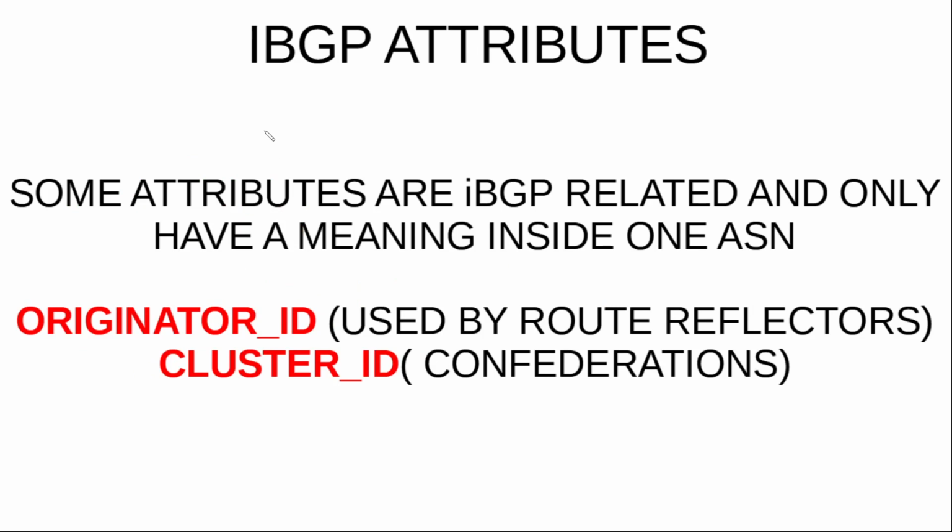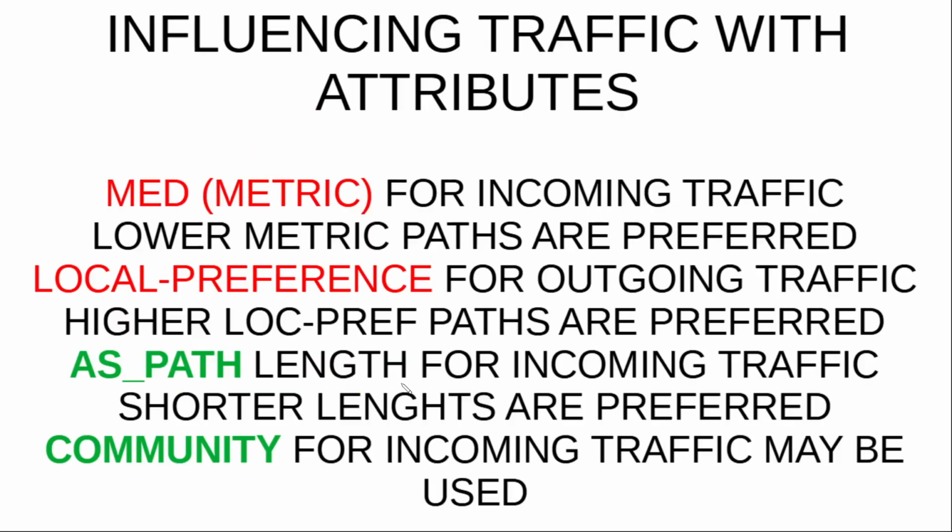Now, there are some iBGP attributes that we are not going to talk about in this session because this is focused on eBGP: originator ID, cluster ID. And then we have these two special attributes.